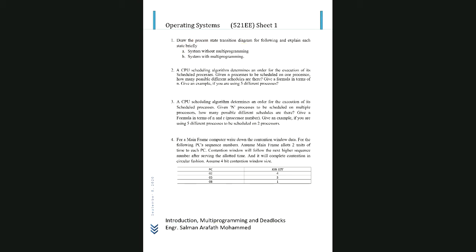In the first lecture, I have already discussed the introduction of operating system, what is operating system and all. In this, I will first discuss what is a process, and we will draw the state transition diagram for these two cases: a system with multi-programming and a system without multi-programming.